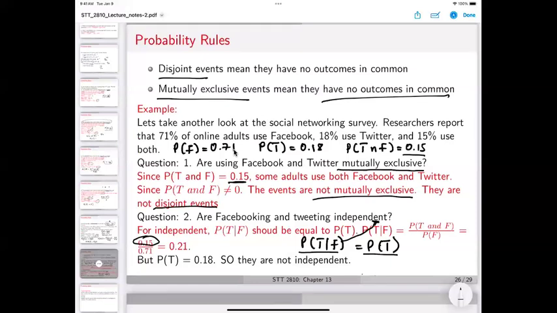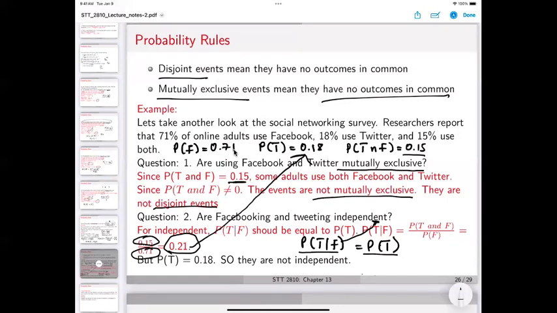Probability of F is 0.71. And when you do this, you are going to get 0.21. 0.21 is not the same as 0.18. Can you see that? And so they are not independent. If we had 0.18 here, it means that they are independent. Is that okay?